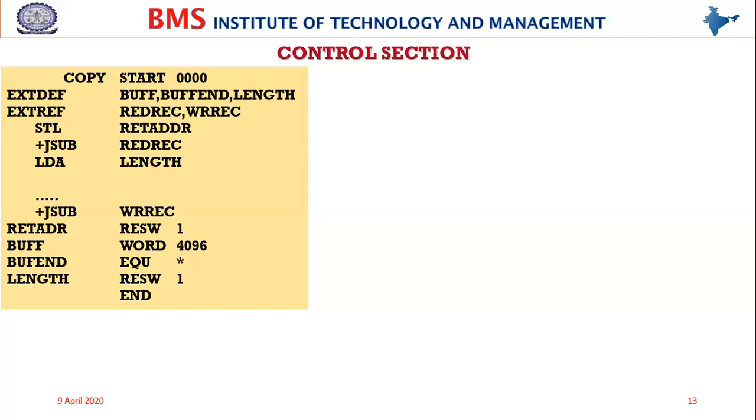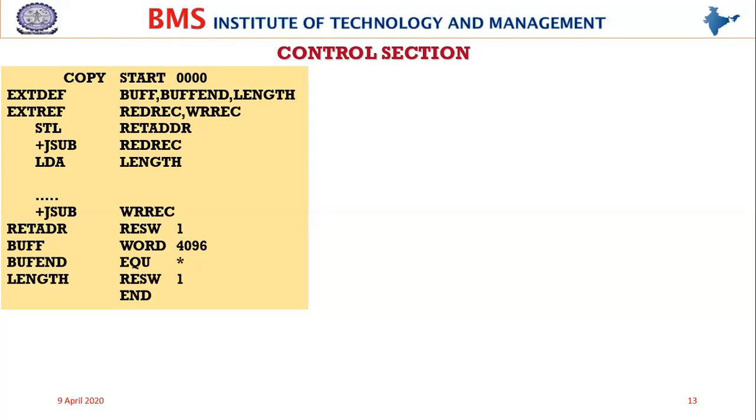We cannot use PC relative, base relative, or immediate addressing. We must specify the complete address. Then only is it possible to resolve. That's why for all external references between control sections, we go for format 4 instructions. No format 3, no format 2. Then only are we able to resolve the complete address.